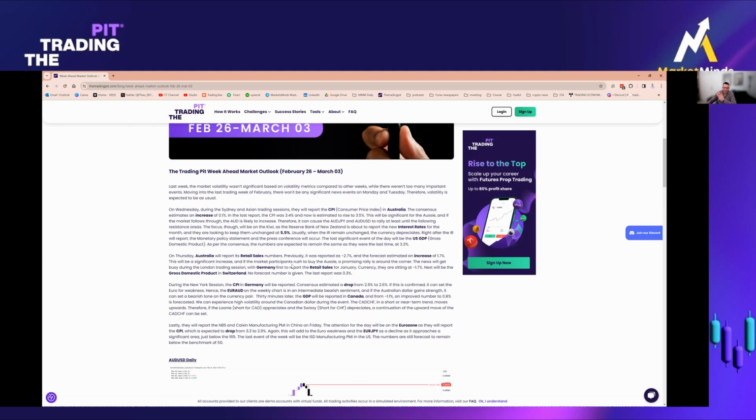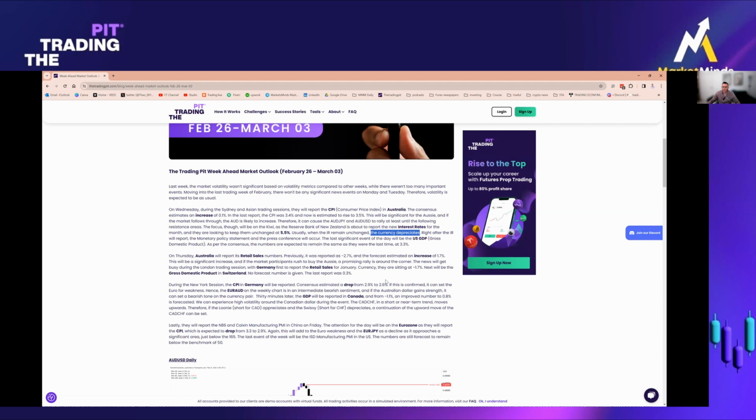Because once I prepare what I want to write here, I also check the charts and I see which technical picture matches with this fundamental forecast. And this one here, I gave you a clue that the interest rates in New Zealand are forecasted to remain unchanged at 5.5%. And I continue, usually when the interest rates remain unchanged, the currency depreciates.